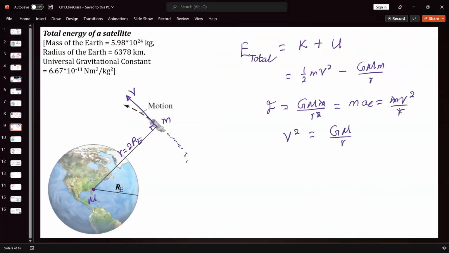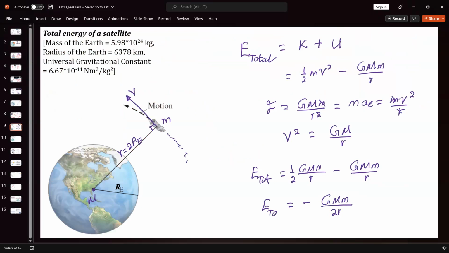Then if I combine this together, I can figure out the total energy of the orbit, which is equal to half of GMm divided by r minus GMm over r. If you simplify this, you will get negative GMm over 2r, right?